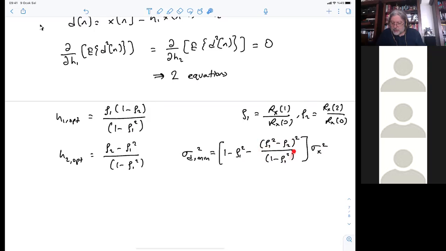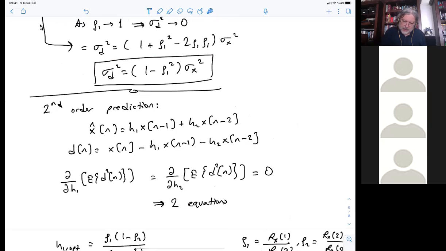Positive over positive is positive, which means I'm subtracting from 1 something positive first, and then some other positive thing as well, which means I'm reducing. So this number is smaller than this number, which makes this minimized error essentially less than the previous error. This is also minimum.